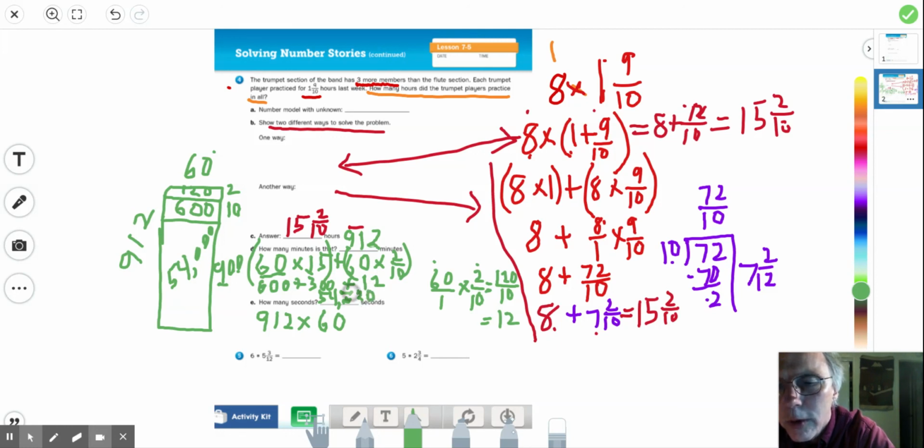That really is a 7 group. Maybe if I make a different color, it'll work. 720. 54,720. It's a lot of work, but that's a lot of seconds.